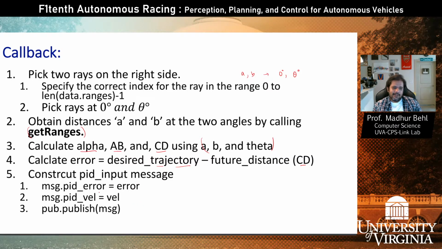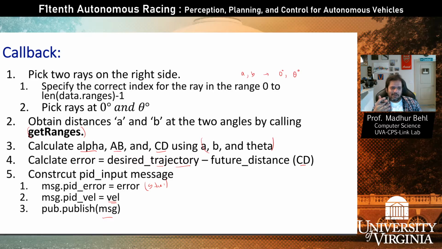One is the PID underscore error field, which you can think of as the steering error. And you can also pass some version of this error as the velocity part of this PID input message. And then you simply publish this message.